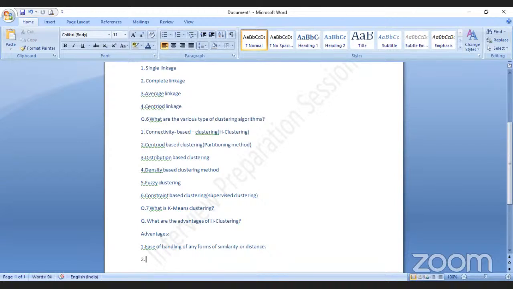And it is also consequently applicable to any attribute types. So if we are having any features in our dataset, that is also acceptable in hierarchical clustering. That is an advantage of hierarchical clustering. We can take any attributes and work on the same.